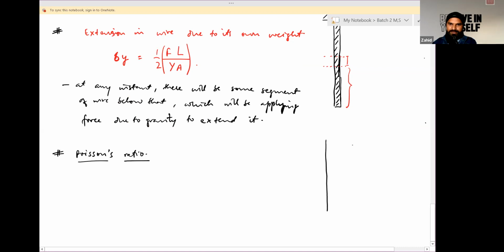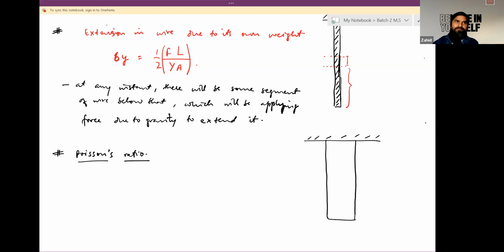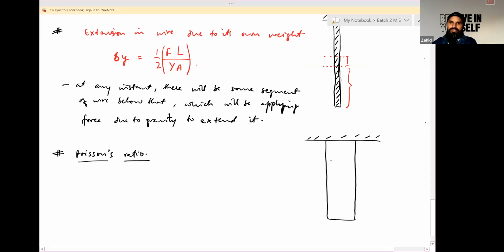Suppose you have a wire, so if you stretch it a little more, due to its extension, there will be change in its width as volume of object will be constant or same.